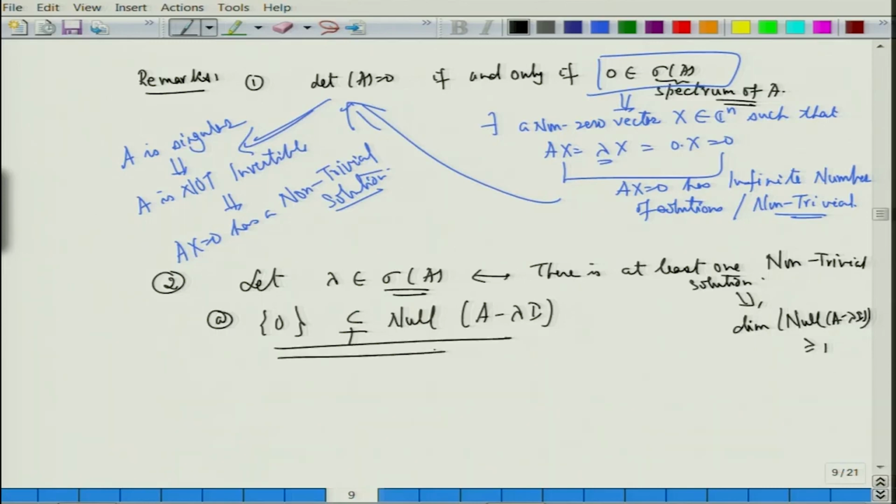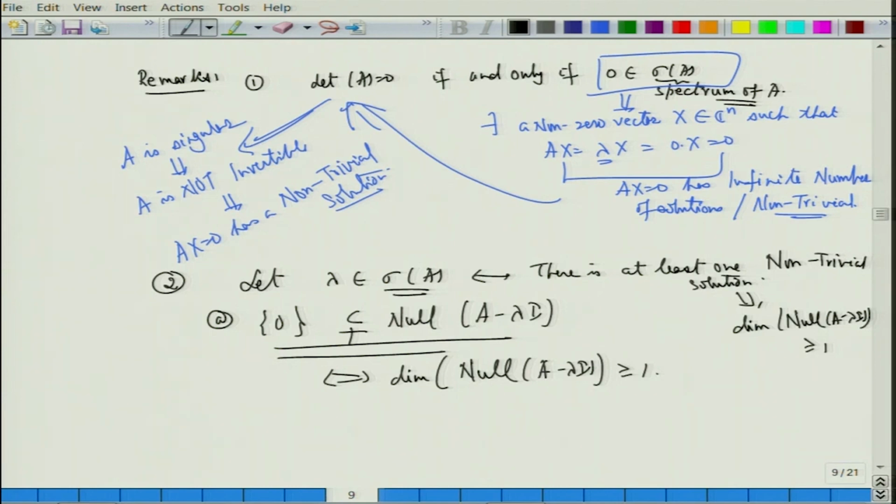So, this is true if and only if the dimension of the null space of A minus lambda I is greater than or equal to 1. In general, I can have whatever the rank, and accordingly I can proceed.